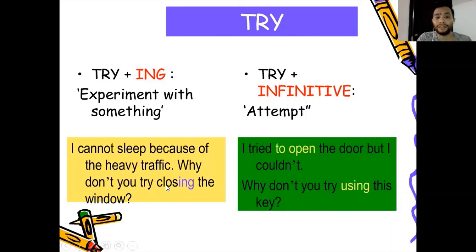This is an experiment in order for you to solve the problem of not sleeping because of the heavy traffic. In the case of try with infinitive, it is just an attempt, a try, right? So, I tried to open the door, but I couldn't. Why don't you try using the key? There you go. Try to open something, a normal attempt.